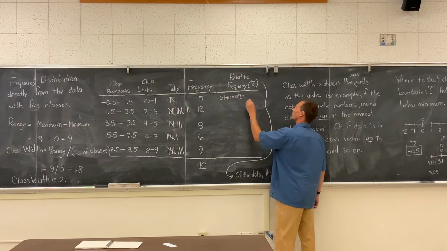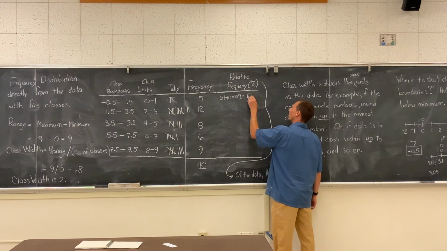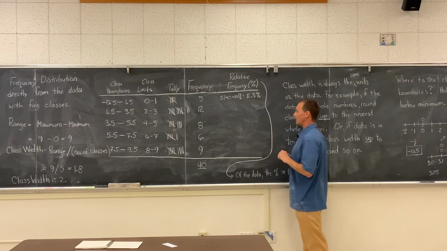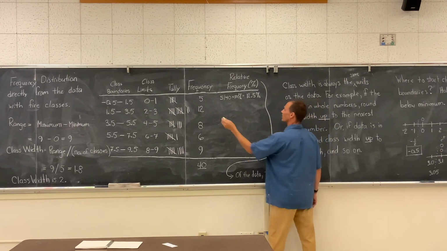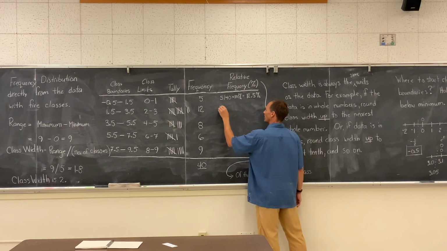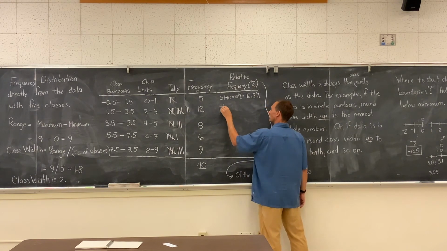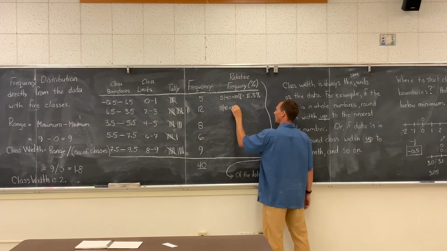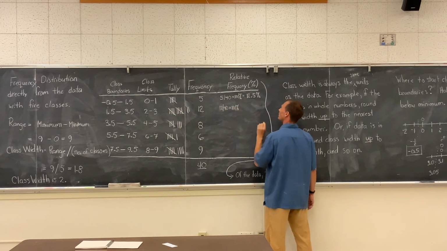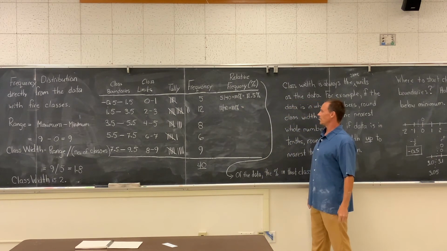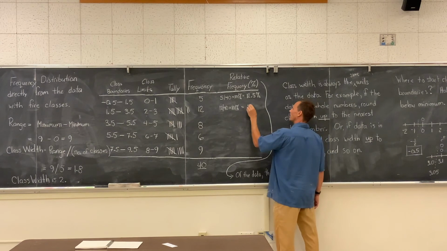That's an eighth, so that's about 12.5%. And then we would continue. The next one says, well, of the 40 data values, 12 of them are in the second class. So we take 12, divide it by 40, multiply it by 100%. Well, that's going to be about 30% of our data. No, that's not right.